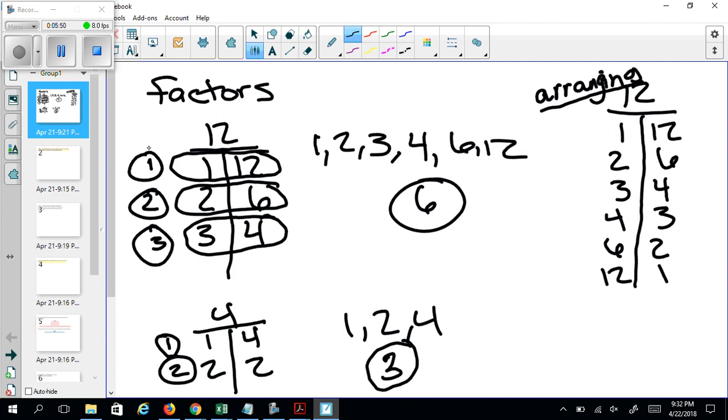Okay. So when you're arranging, it's different than just finding factors or factor pairs. Because when you're looking at factor pairs, you don't want to double your factor pairs because you already have it. It doesn't matter if it's 3 or 4 first. But when you're talking about arrangements, it is different. Let's say we want to put my porcelain dolls on shelves on the wall in the guest bedroom.